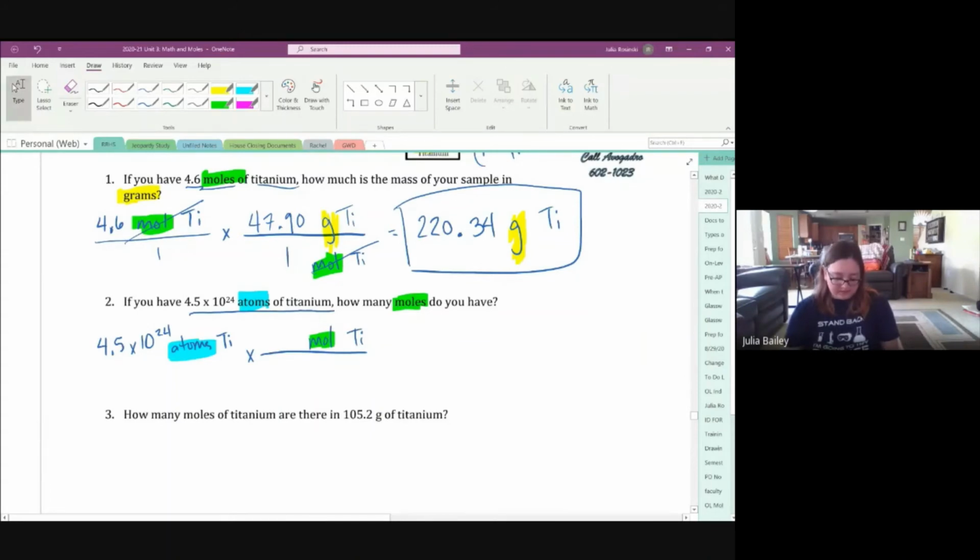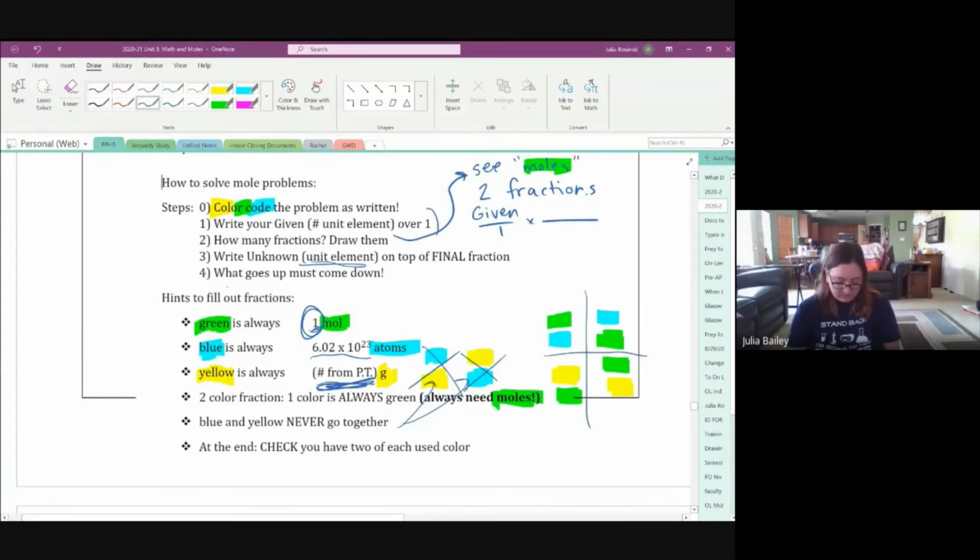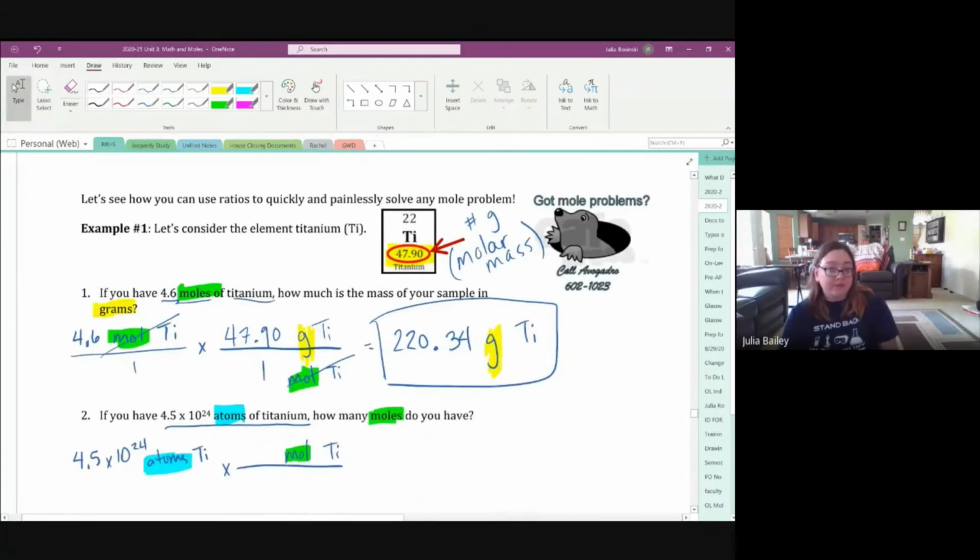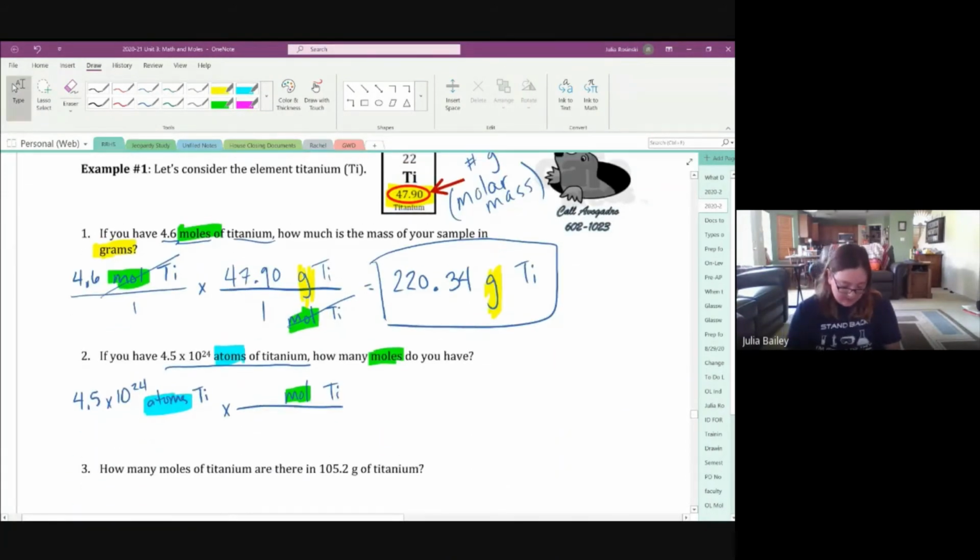And our final step, what goes up must come down. Again, that's just trying to remind you to simplify your units. So if I have atoms of titanium here, I'm going to want to simplify those units by putting them on the bottom of the fraction where they can cancel out, as they said when I was a kid, or where they can simplify so that at the end, I don't have to deal with atoms anymore because I don't actually want atoms because this question is asking for moles.